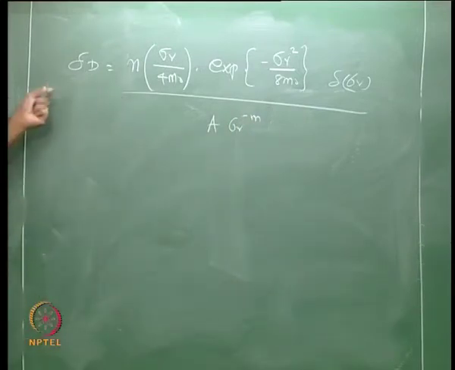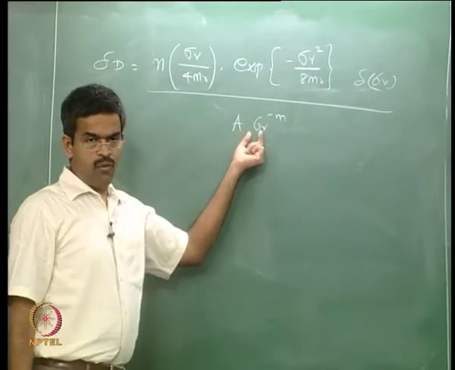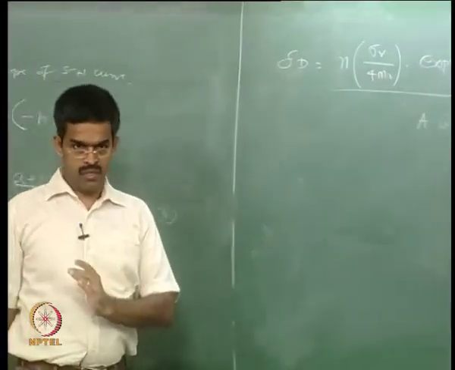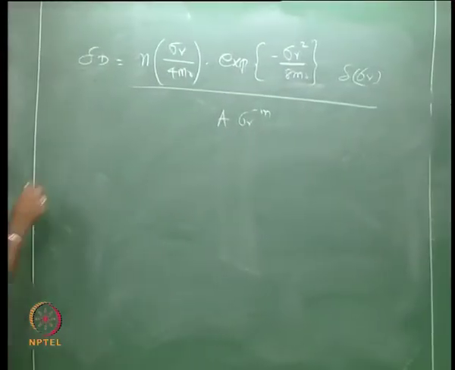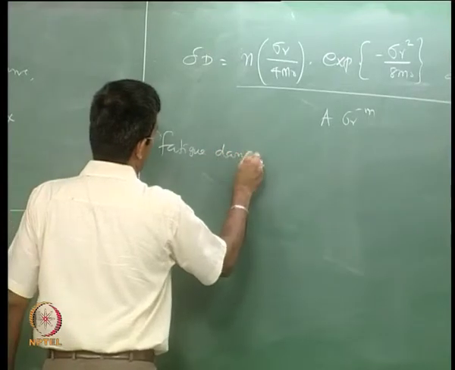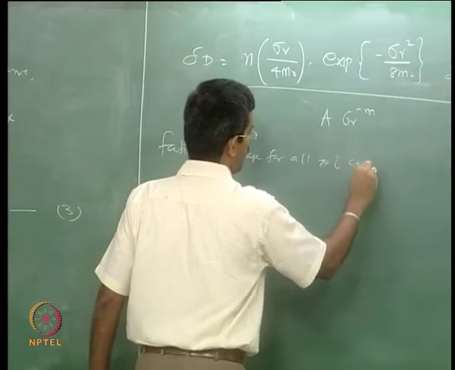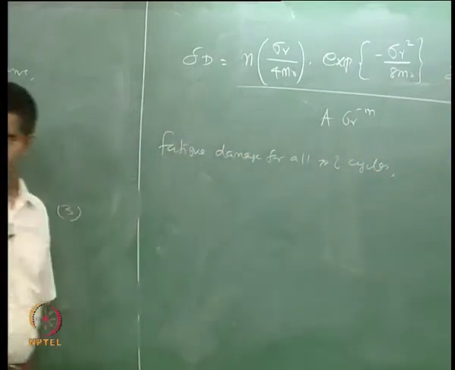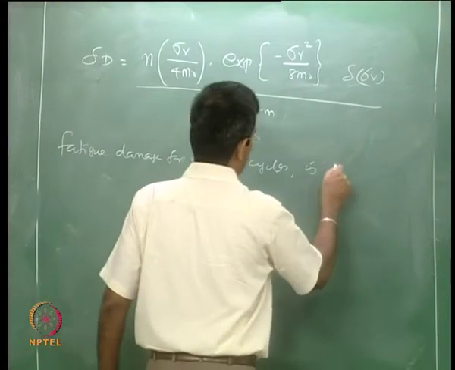This is the damage for a small narrow band of sigma r. I am looking for the cumulative damage, is it not? That is what we also did in the last example. So, the fatigue damage for all cycles is given by integrating the above equation.